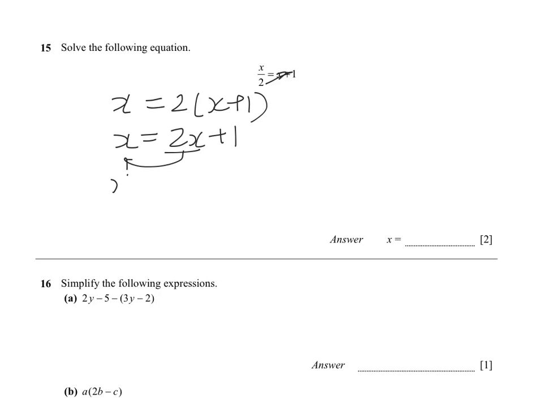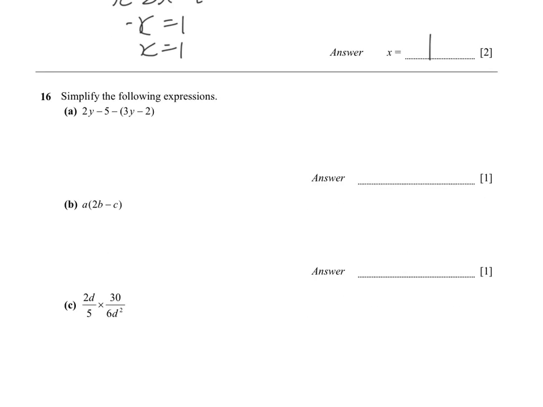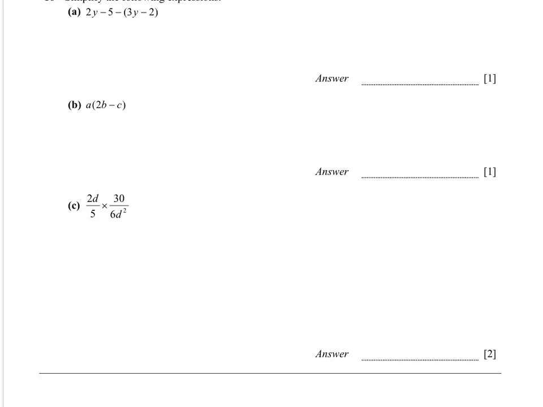You have x minus 2x equals 1, so negative x equals 1, x equals negative 1. Then to simplify this one, I'll leave it to you all to simplify. It should be quite an easy one.